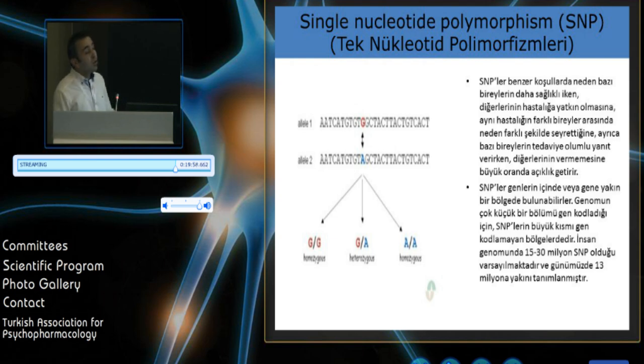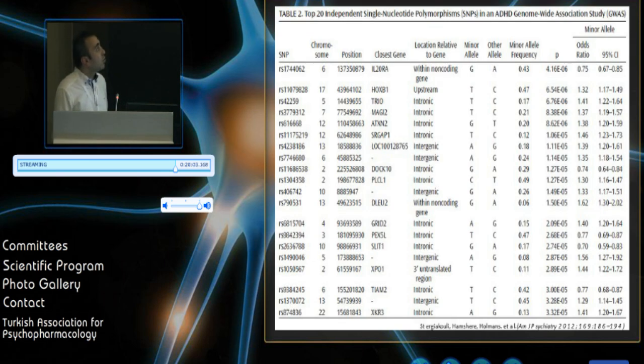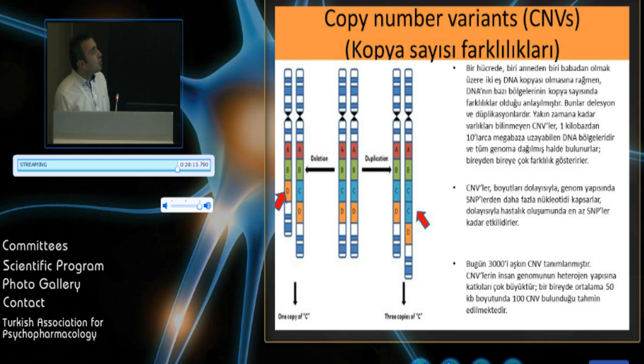They do not cause any problem, but mutations and penetrations are very rare, although they cause a significant disease. Related single nucleotide polymorphism related genes are seen on this table. Copy number variants are actually two equivalent DNA copies, one from the mother, one from the father.